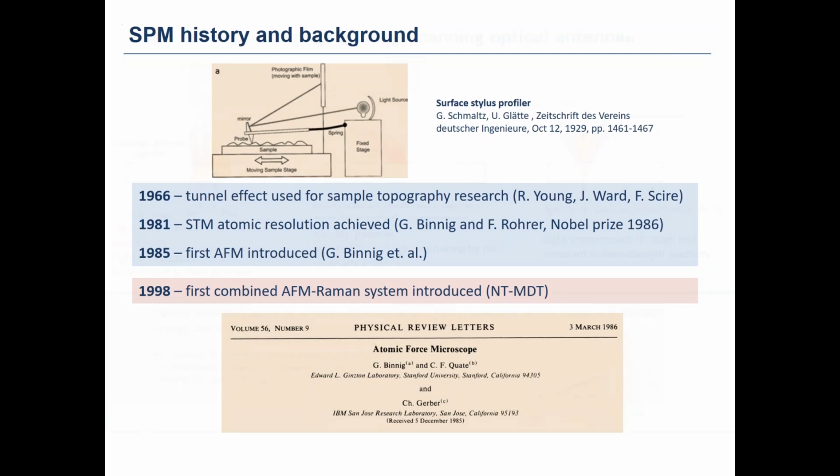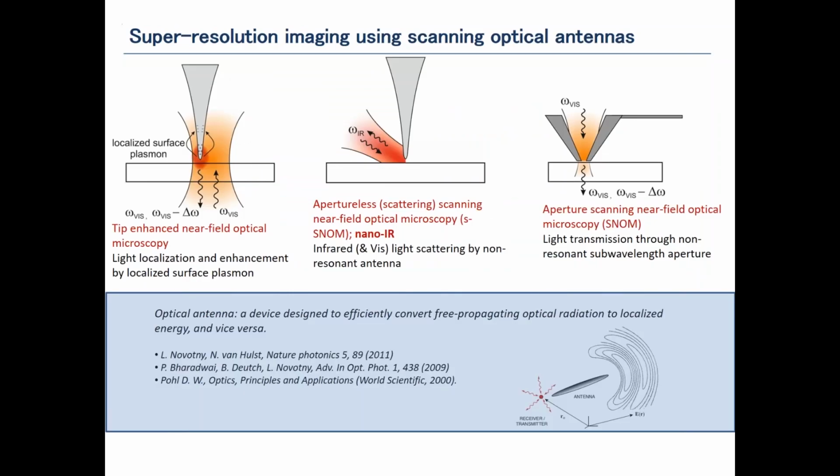So since that time, the technology moved forward a lot, and the idea of combining the optical techniques with the atomic force microscopy also was developed on quite a large scale.